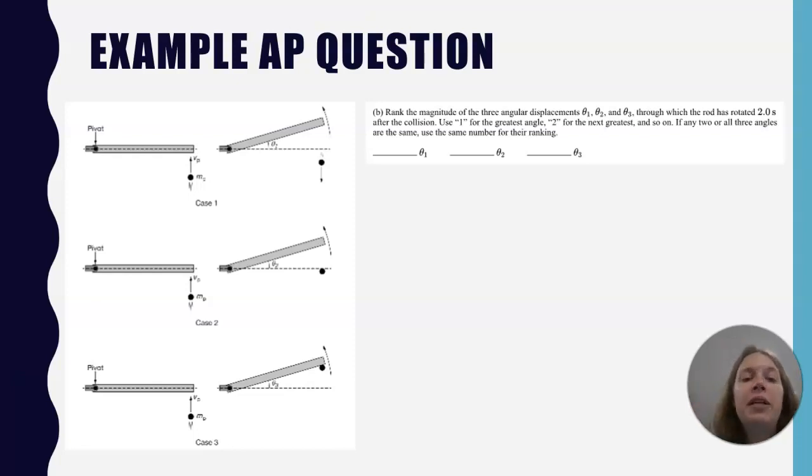So which one is going to result in the greatest change in momentum? One of the big ideas here is that the change in angular momentum of the puck is going to equal the change in angular momentum of the rod, because the change in the angular momentum for the system is going to be 0.